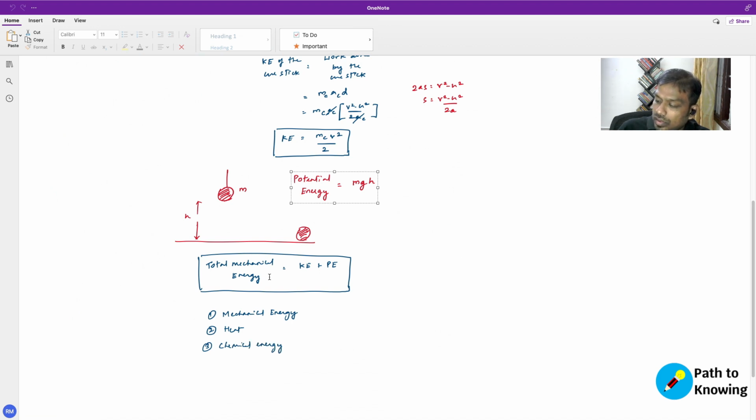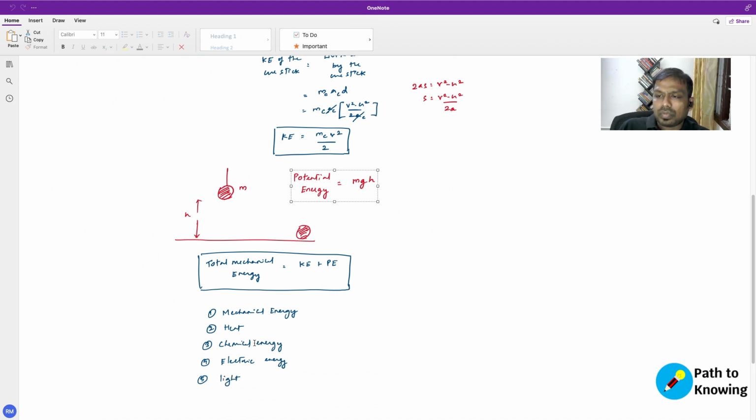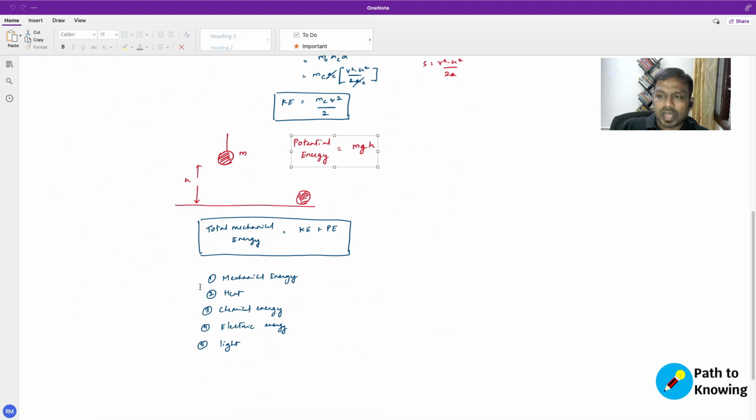We have electric energy. We have light energy and a few others. So mostly we are going to focus on mechanical energy, but there are other forms of energy as well.